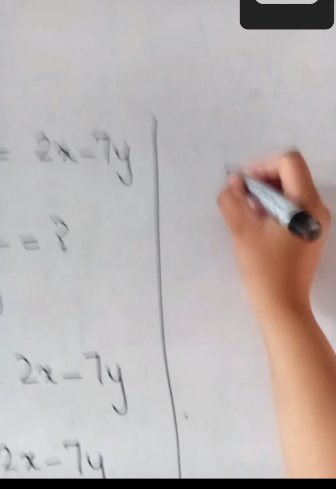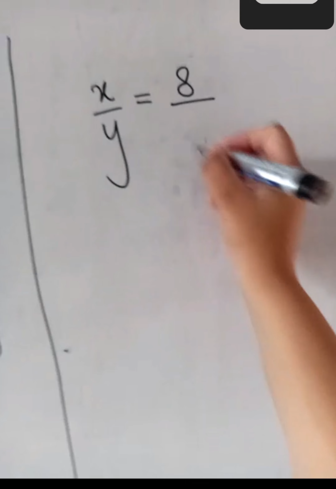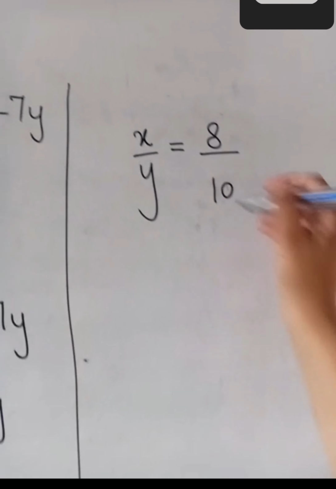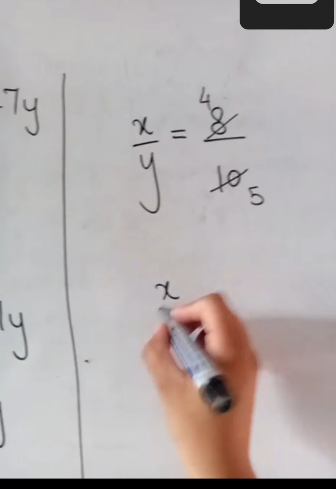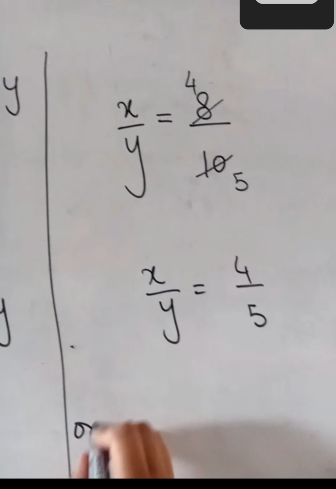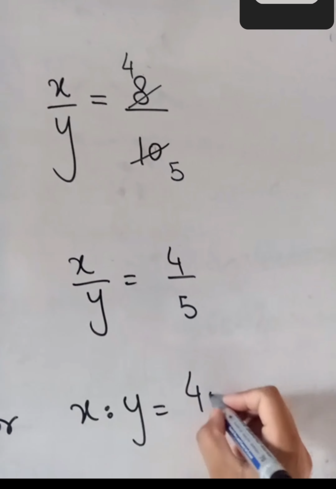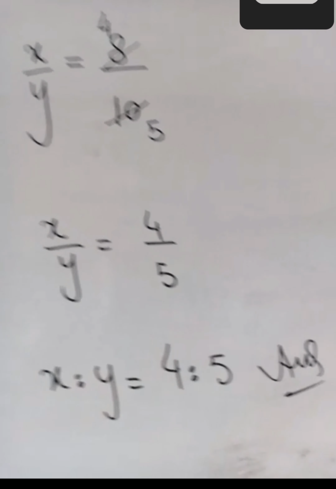So we will get x by y is equal to 8 by 10, as the 10 in the product relation will be divided on the other side. Did we get the fraction of x and y? Yes, ma'am. Now it is 2 times 4, it is 2 times 5. So we can say x by y is equal to 4 by 5, or you can say x ratio y is equal to 4 ratio 5. This is your answer.